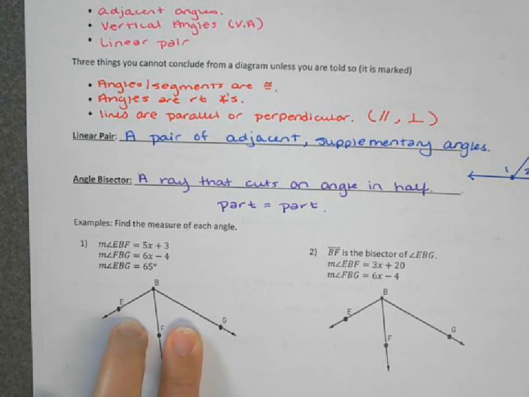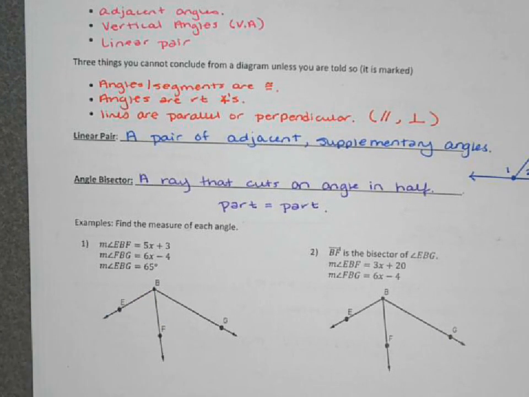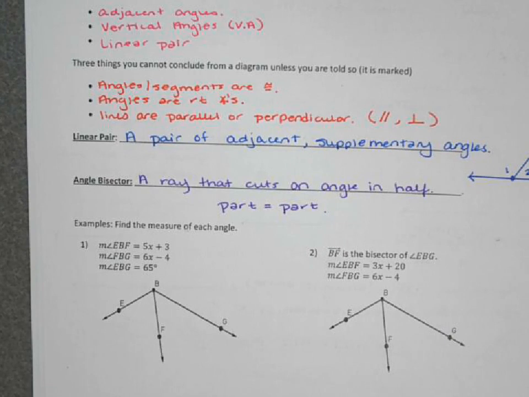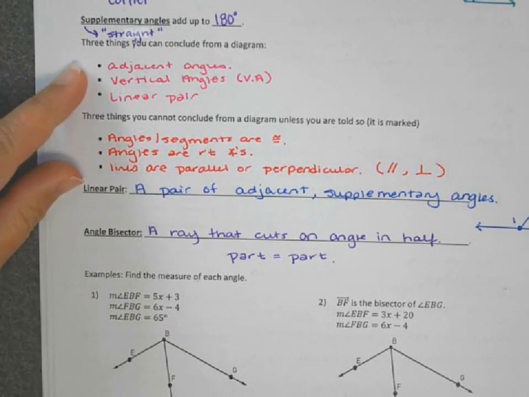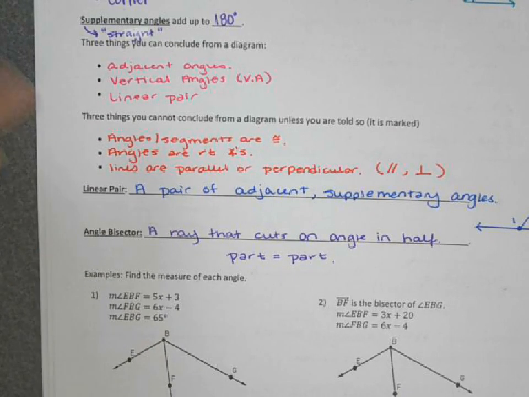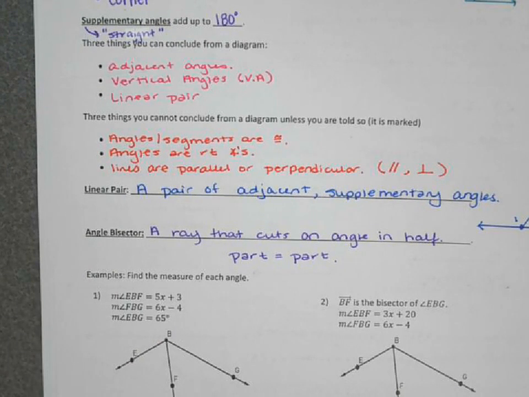I know that they're adjacent angles because they share this ray. That I can assume from this diagram. I don't have any vertical angles. Nothing forms a line, so there are no linear pairs. I'm just going through these descriptions and saying what I can look at and say is true about this diagram.